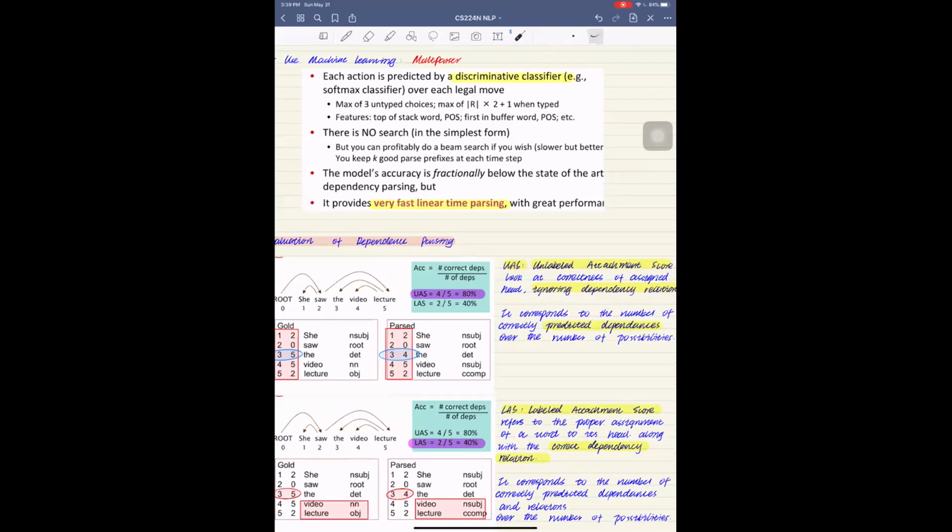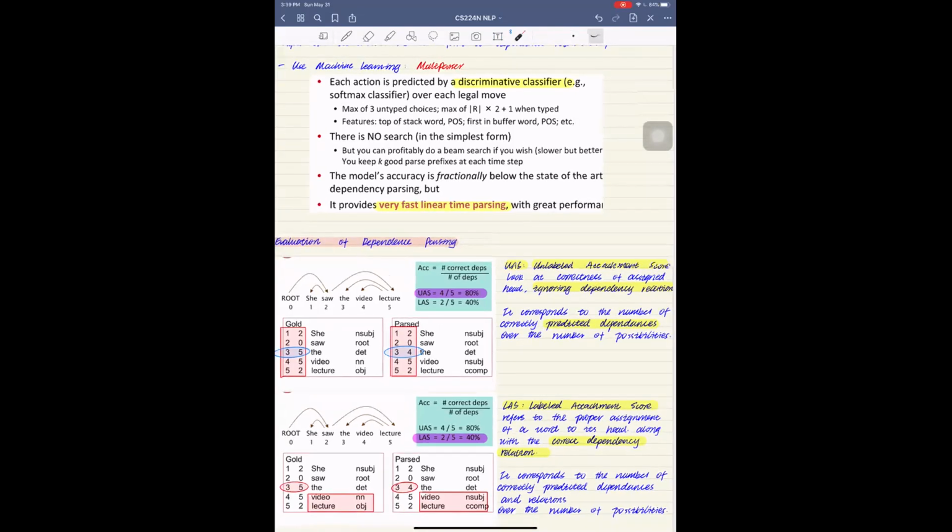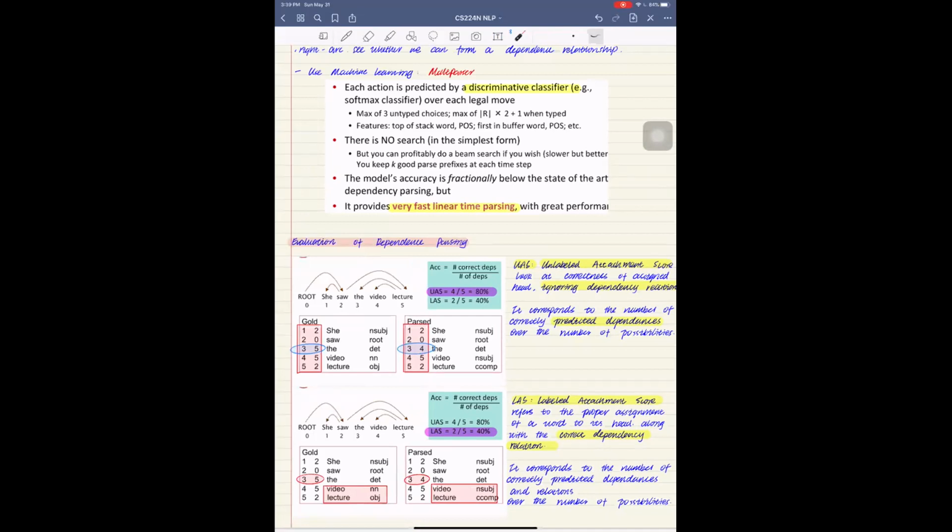So it basically looks at whether the 2 words are linked together in the right way or not. It corresponds to the number of correctly predicted dependencies over the number of possibilities, ignoring the dependency relationship.